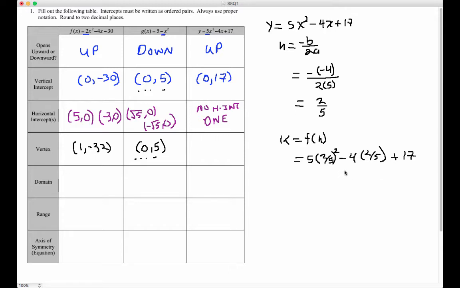If I plug that into the calculator and ask it to turn that back into a fraction, I get 81/5. We could round that off also if we want to, but for the moment I'm going to leave it as a fraction. I'll let you do the rounding, because they did say we could round off to 2 decimal places, but for me it's simpler just to leave it like this. So I've got 2/5, 81/5 for the vertex on that one.